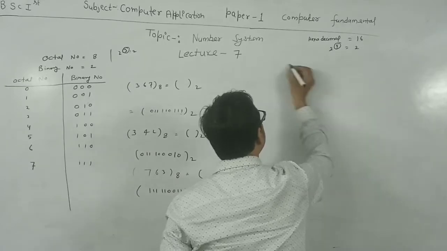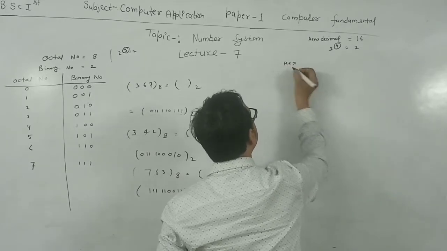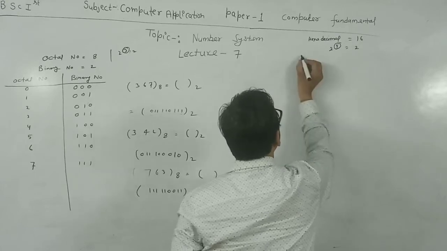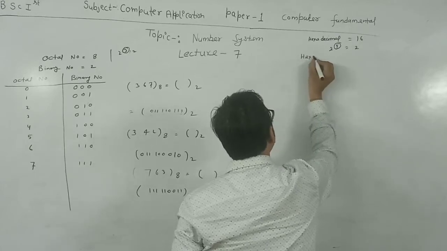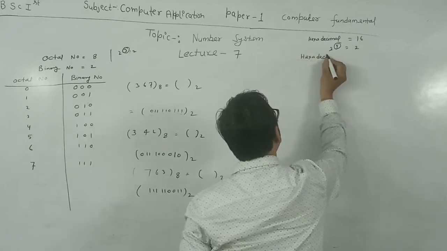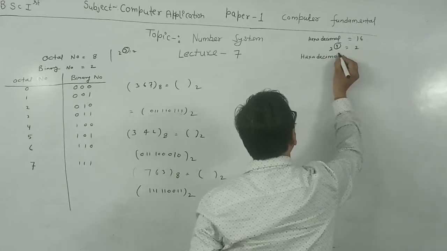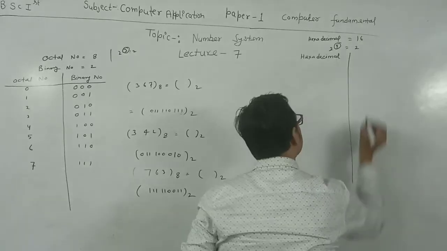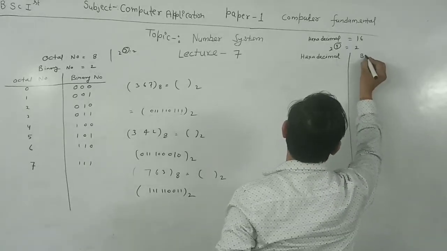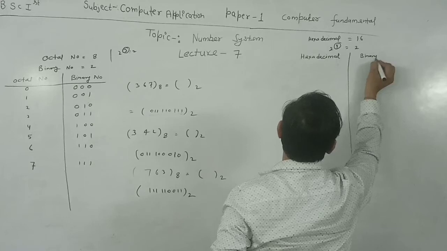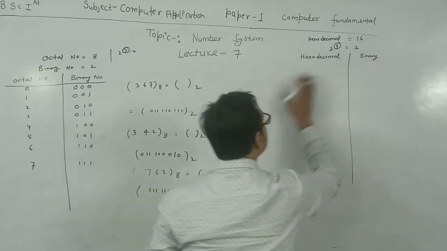So write the table here: hexadecimal on this side and binary on this side.